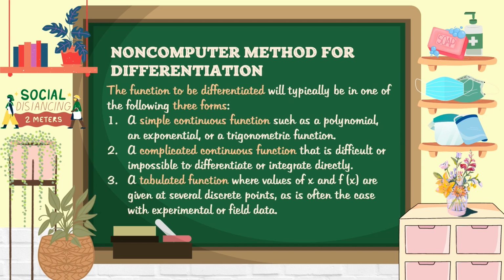The third, a tabulated function, where values of x and f(x) are given at several discrete points, as is often the case with experimental or field data. In the first case, the derivative or integral of a simple function may be evaluated analytically using calculus. For the second case, analytical solutions are often impractical and sometimes impossible to obtain. In these instances, as well as in the third case of discrete data points, approximate methods must be employed.